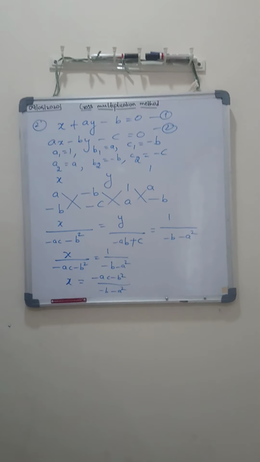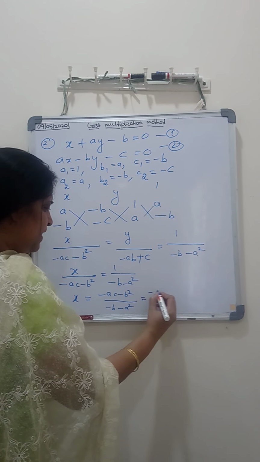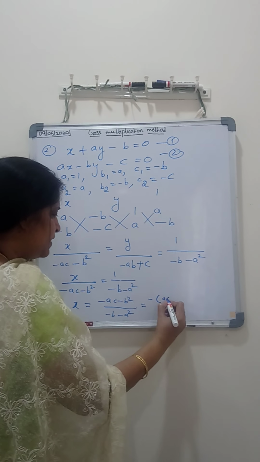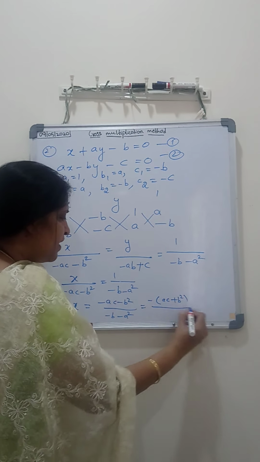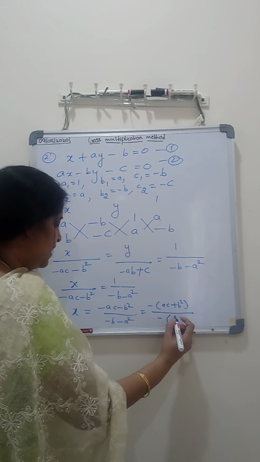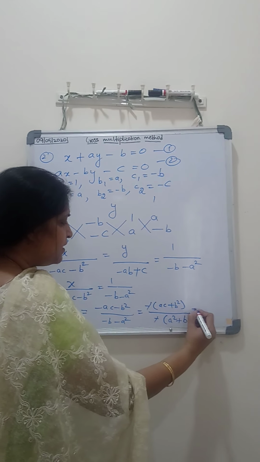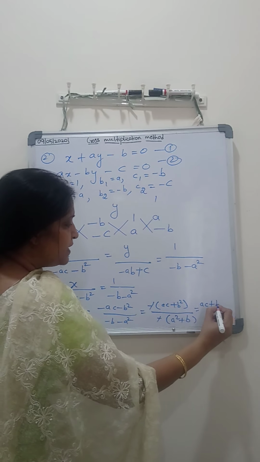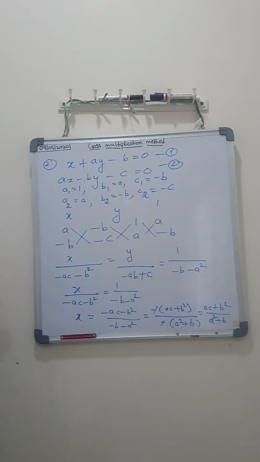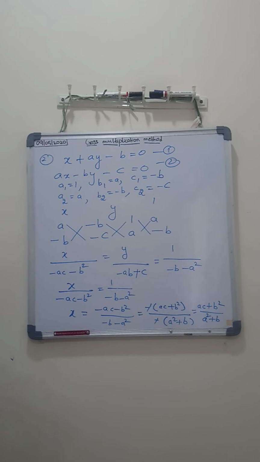You got the x value like this. If you want, you can take minus common in the numerator. You will get ac plus b square. Even in the denominator also you take minus common, you will get a square plus b. So minus minus cancels: ac plus b square by a square plus b, children. You got the x value, that one: ac plus b square by a square plus b.